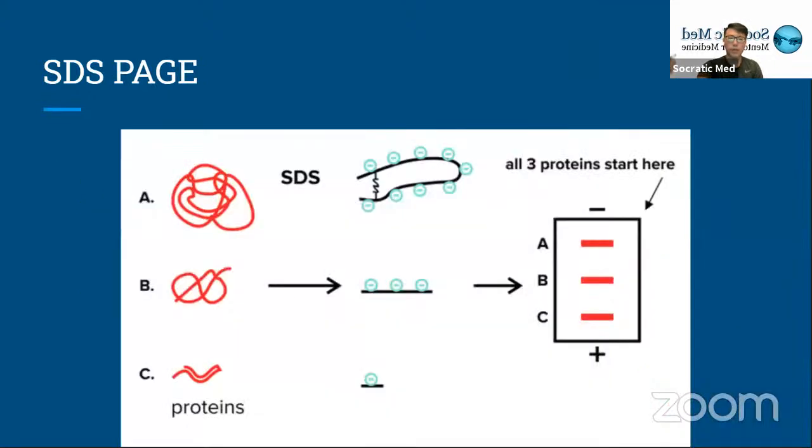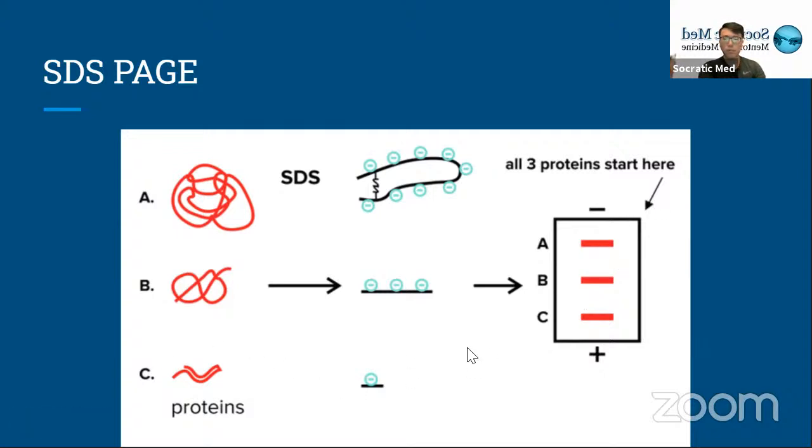So for SDS PAGE, as you can see, there you have the three different proteins on the left, A, B, and C. After you use SDS on them, all the proteins will have a uniform negative charge. When you run a gel electrophoresis with it, the proteins will travel across the gel.